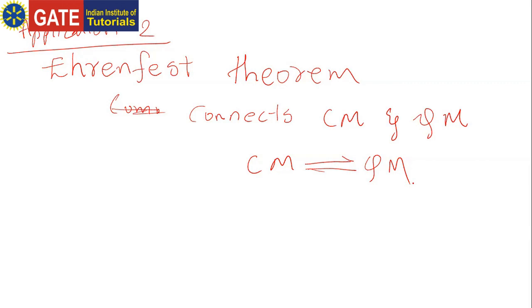The variables in classical equation of motion can be replaced by quantum mechanical expectation values. This is known as the first theorem.